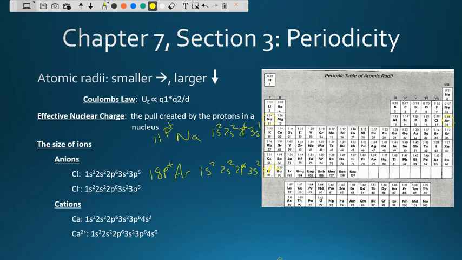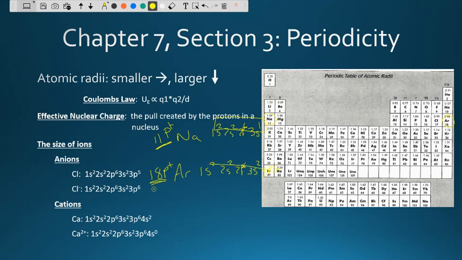All right, so if I was going to be comparing these together, I have 11 protons pulling 11 electrons. Okay, I have 18 protons pulling 18 electrons.